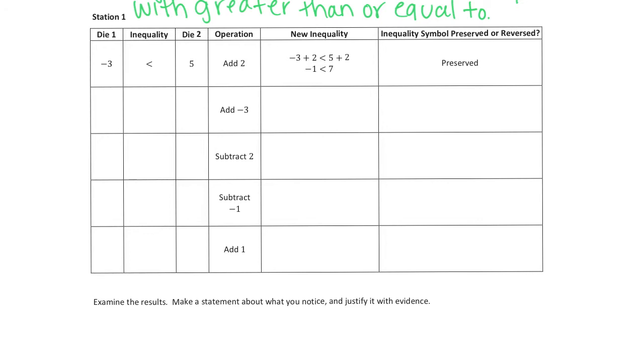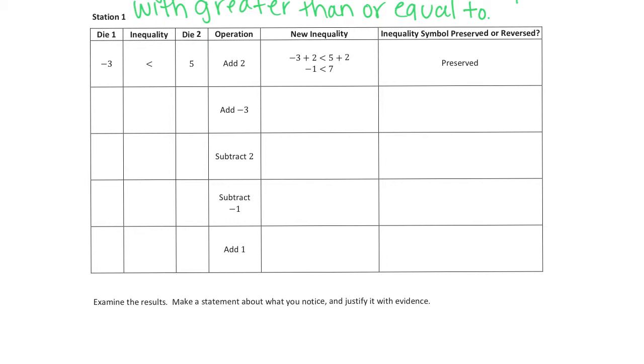Let's look at station 1. In station 1, we are going to pretend that we are playing a game and that we're rolling dice. So we have 2 dice that we're rolling here. Here's our die 1 and our die 2. And because we're pretending that we're rolling these dice, they also have negative values.